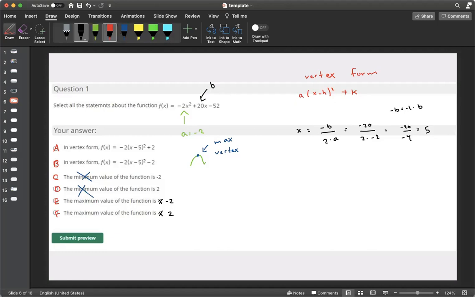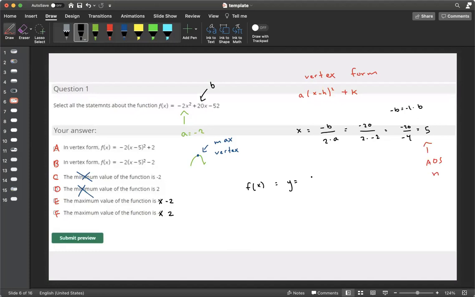So this 5 is my x, but we also have to know that this is also called my axis of symmetry, and it is my h value. So next, we are going to put that 5 into our y, or we can also call this my f of x.